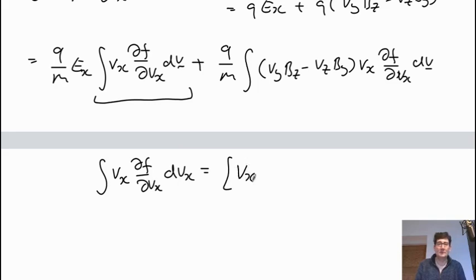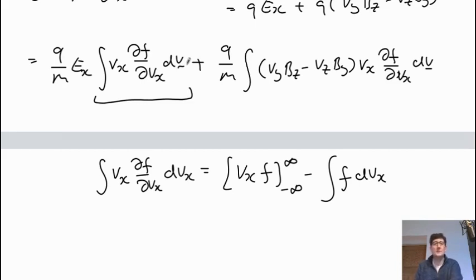We end up with vx times f, with vx going from minus infinity to infinity, and then the differentiated vx just becomes 1. So we just have that left over, the integral in dvx, and then we integrate with vy and vz as well. This whole thing just becomes the integral of f dvx dvy dvz, and so this whole thing just becomes n. It depends on time and space because we integrate over all velocity, so this is the number density.